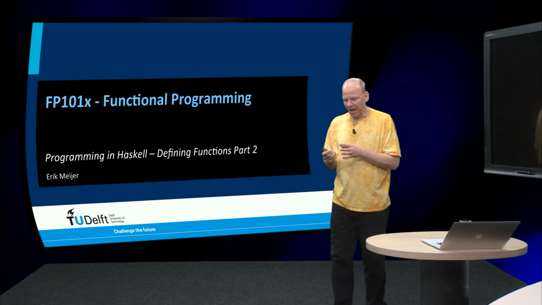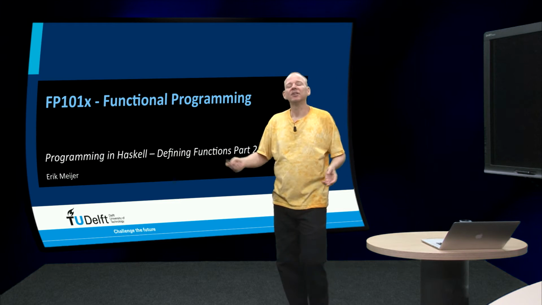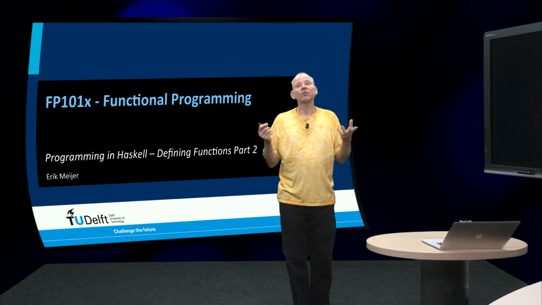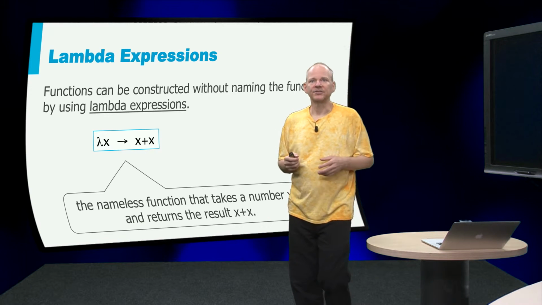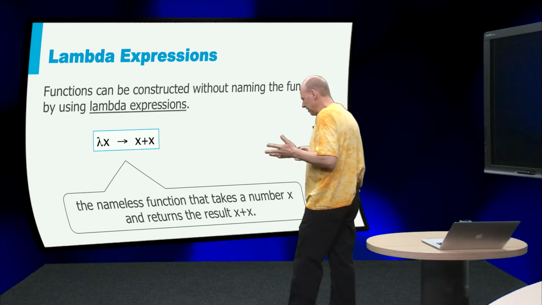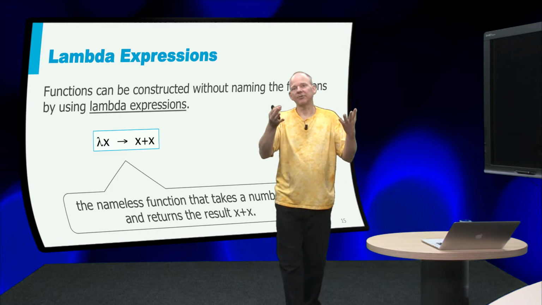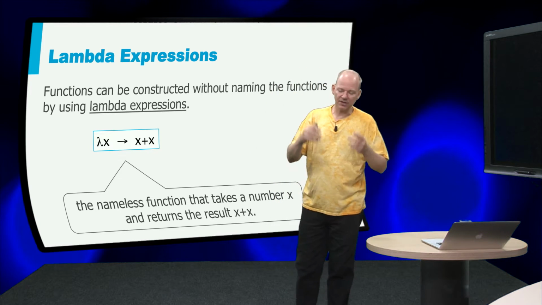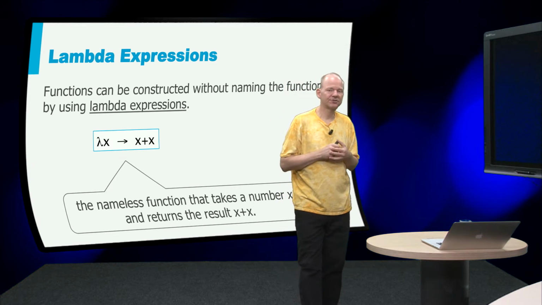What we're going to look at now is how to define functions. Because Haskell is a functional language, we have to have a concise way to define functions, and that is lambda expressions. You probably know lambda expressions from the language that you're using. If you're a Java programmer, in Java 8, lambda expressions were introduced.